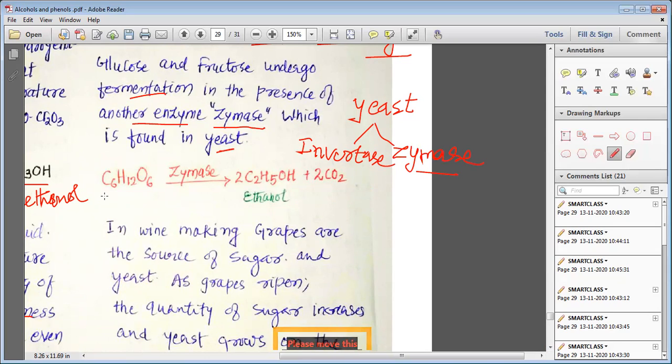So in the presence of zymase, our glucose or fructose, which are produced in the previous step, undergo the process and produce alcohol, my dear students. At the same time, carbon dioxide gas is also produced.